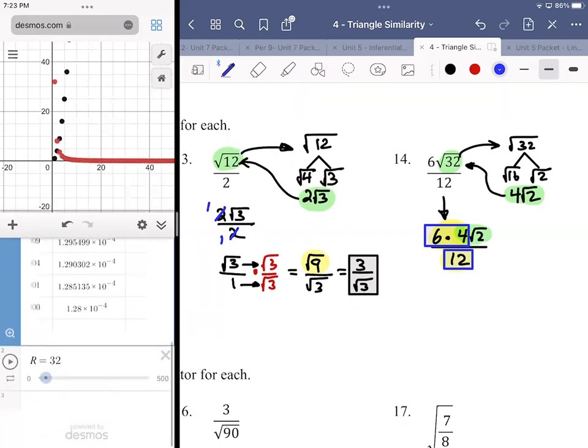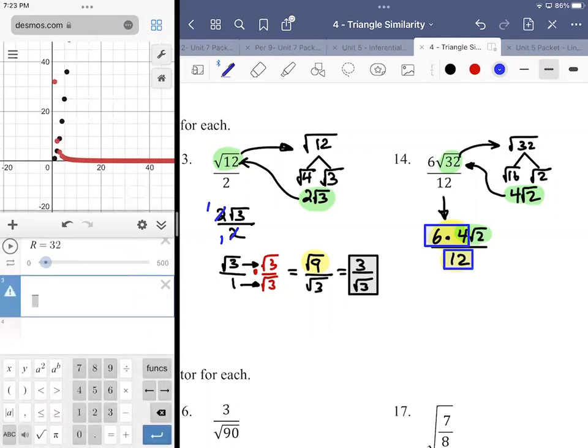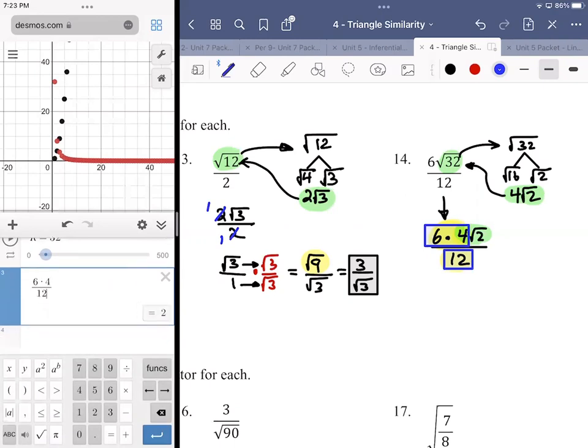But you could even use the simplifying fractions with products. So if I have the 6 times the 4 up top and the 12 on the bottom, it'll simplify for me. Right, so this is really 2 rad 2, right? So it's really the 2 merging from this computation and the rad 2 coming along for the ride because there's nothing that goes along with the rad 2.